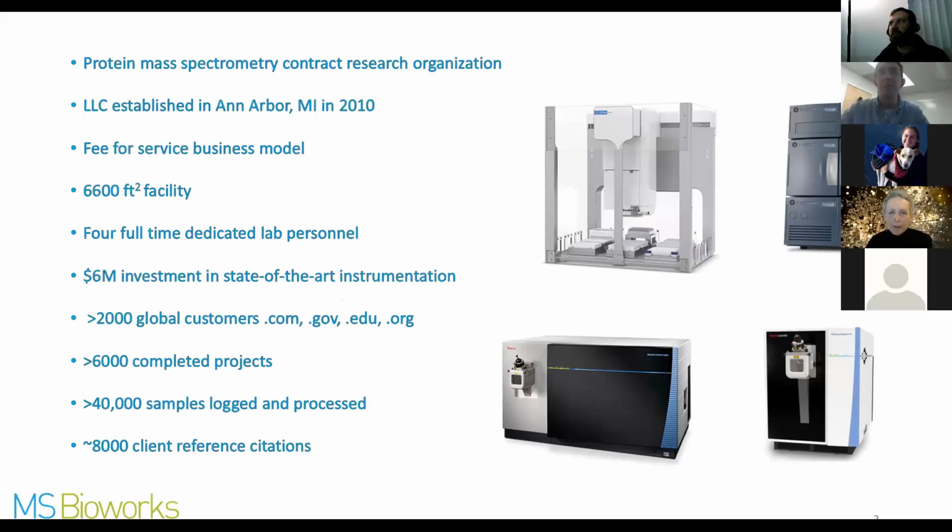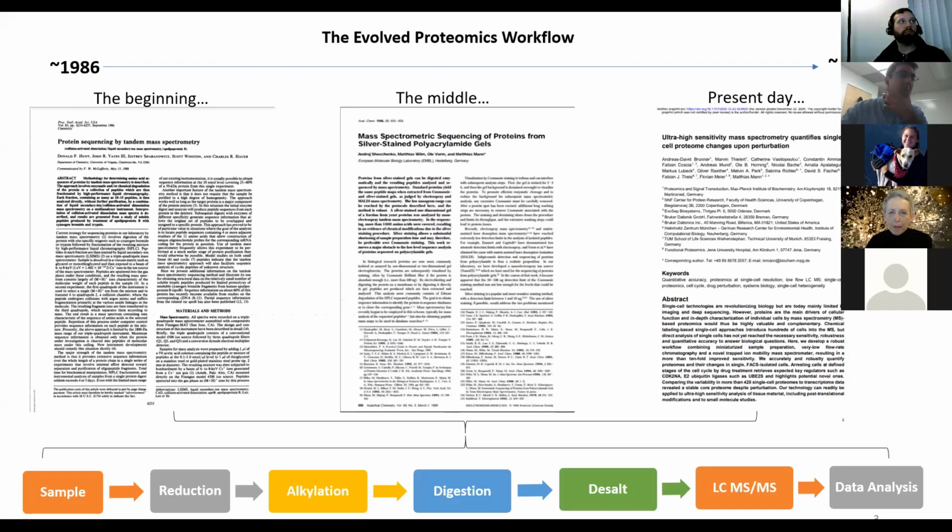Okay, this is about the company, who we are, what we do, where we do it, and how long we've been doing it for. It's pretty much industrial, academic, biotechnology clients, a lot of proteomics, and primarily data dependent. So this is the workflow I was describing that's evolved from the early days of some of the protein and peptide sequencing work to present day. And in one form or another, this is pretty much everything we do.